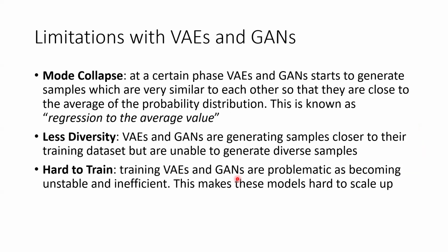However, these variational autoencoders and GANs have some limitations. When you are training them more and more, the data generated by variational autoencoders and GANs shows an effect known as regression to the average.